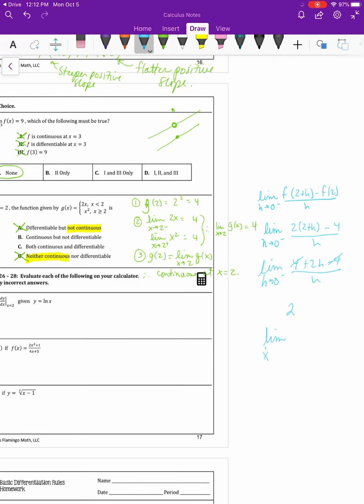The limit as h goes to 0 from the right of f of 2 plus h minus f of 2, divided by h. If I'm coming in from the right, 2 plus like 0.01 or whatever, it's going to give me greater than 2, which is going to be x squared, which is 2 plus h squared, minus f of 2, which is 4.